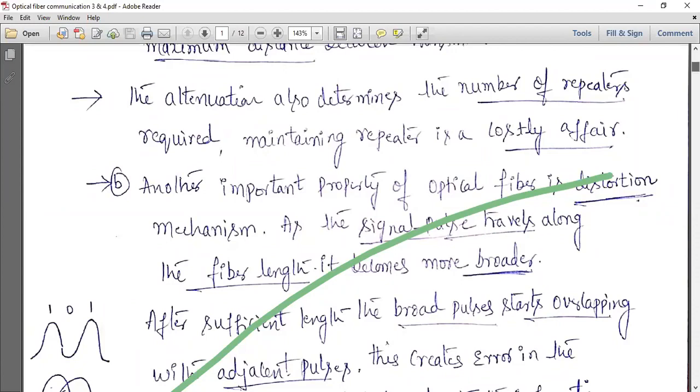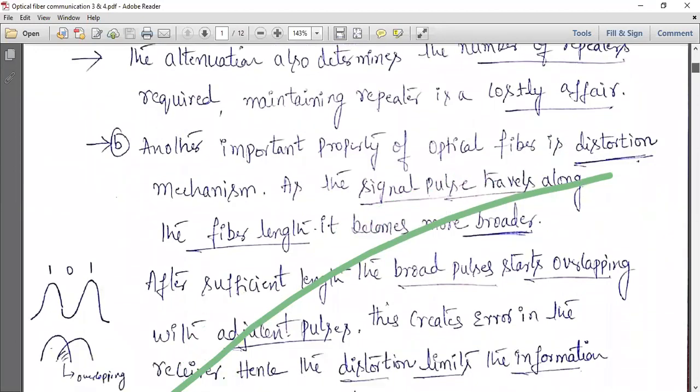Similarly, in the optical domain also, there is something called distortion for an optical signal. As the signal pulse travels over the fiber length, if there is any distortion, the adjacent pulses will overlap, because the pulse which gets disturbed will broaden its length. When it broadens, there is an overlap between the adjacent pulses.